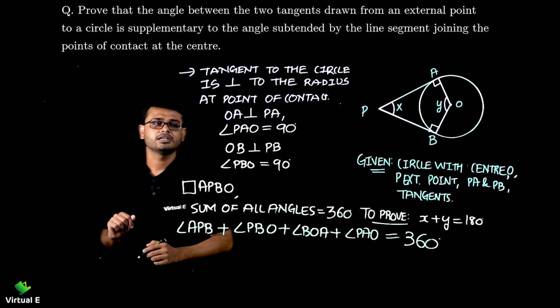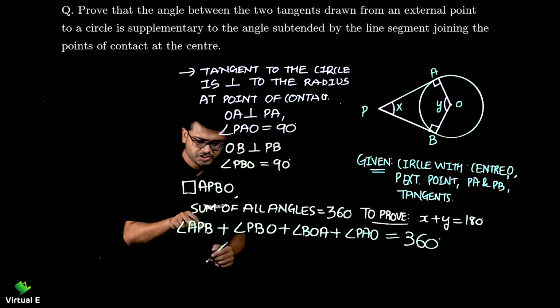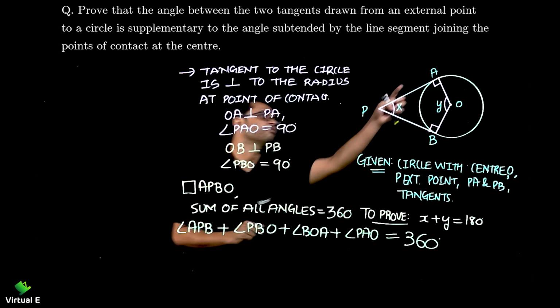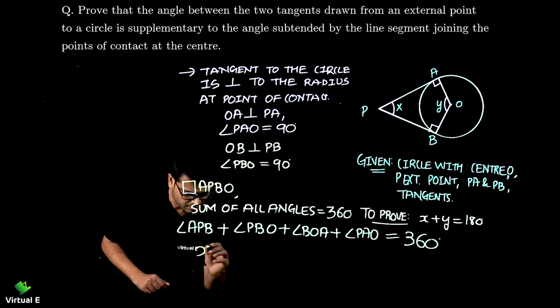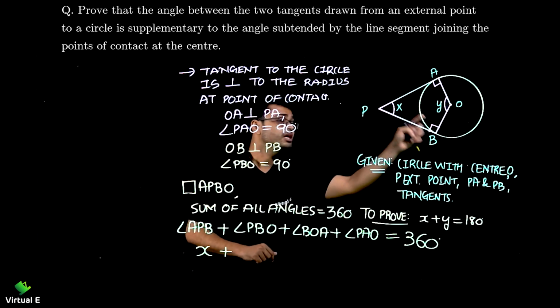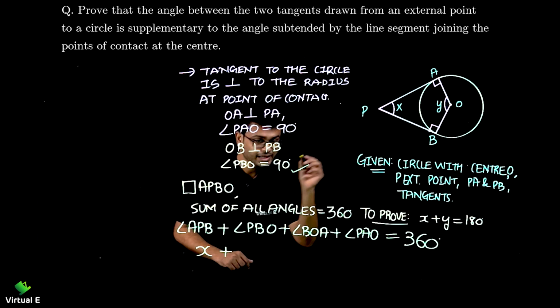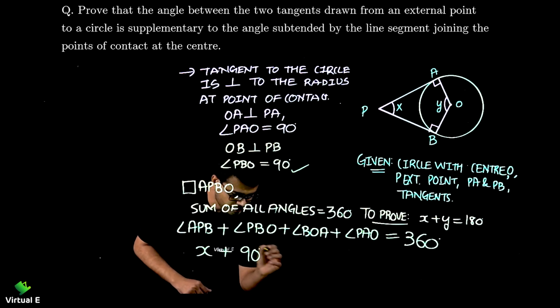Don't write 180, this is not a triangle. So what is the value of APB? X. Then PBO, we have the value 90 degrees.